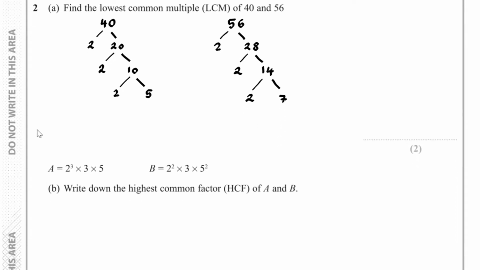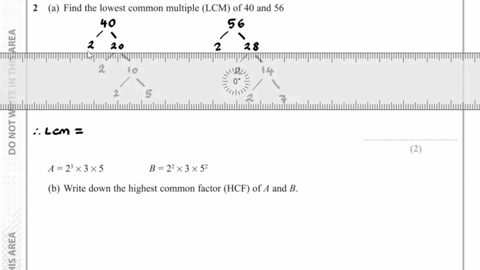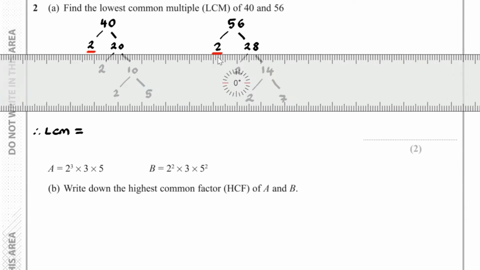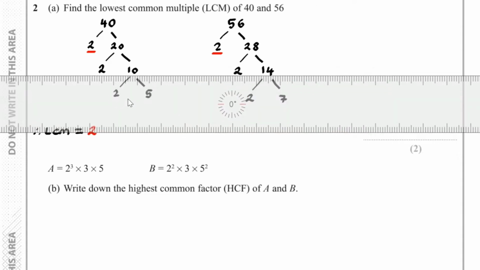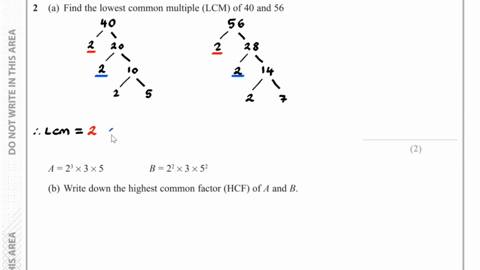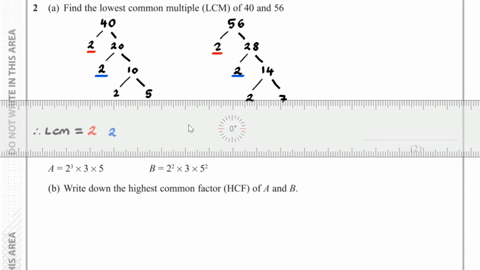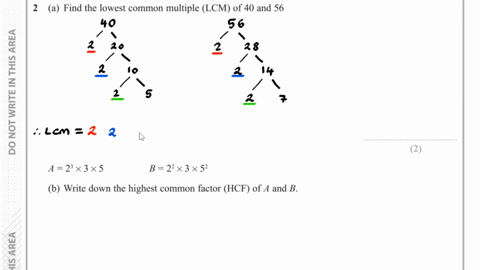So when we come to find the lowest common multiple, we can see the 2 is common to both. We have another 2 which is common to both. Then we have this 2 common to both.